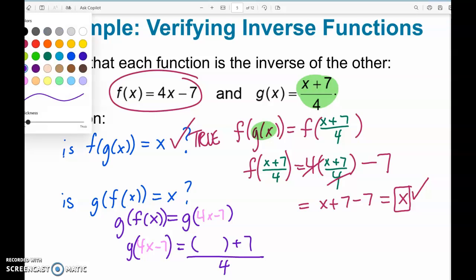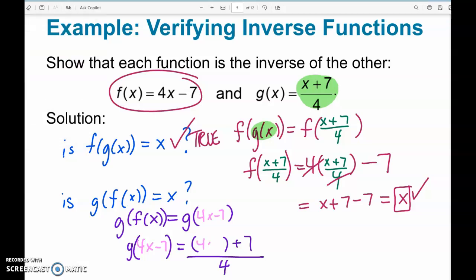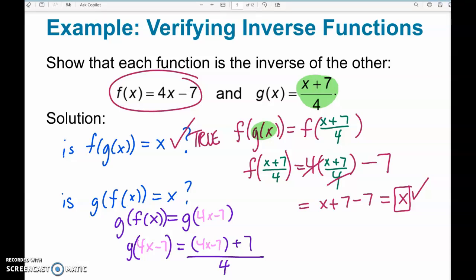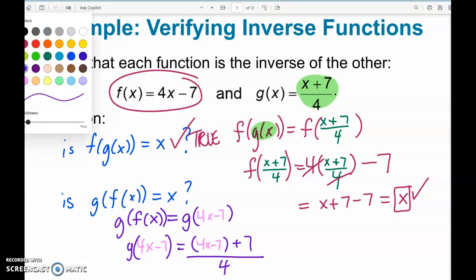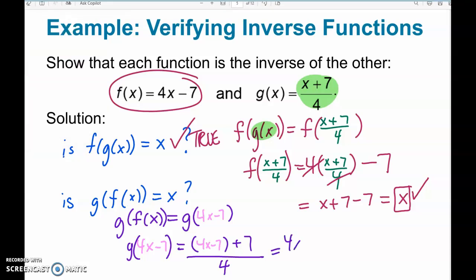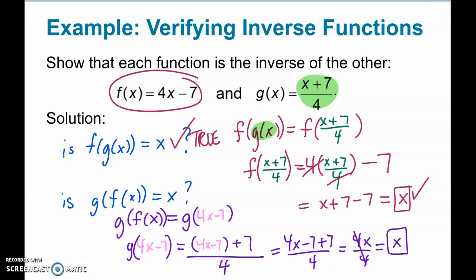I'm going to input 4x minus 7. In the numerator, I will end up with 4x minus 7 plus 7, divided by 4. Negative 7 plus 7 is 0, so I'll end up with 4 divided by 4 is 1. I'm left with 1x or just x. So this shows that that part's true.